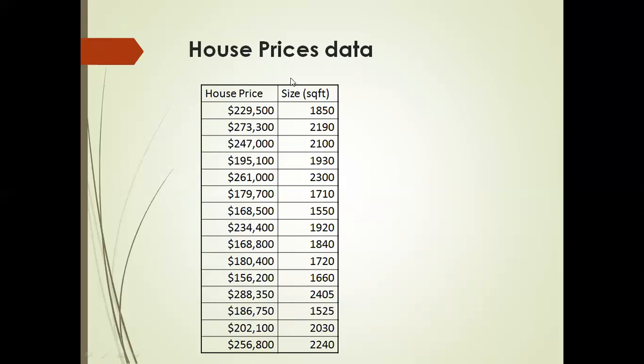This is 1850 square feet, and the price is 2,29,500 something dollars. Now check the one with less: 1,550 square feet is the size, so the price is less. Are you getting it? This is the house price with respect to the size of the house.